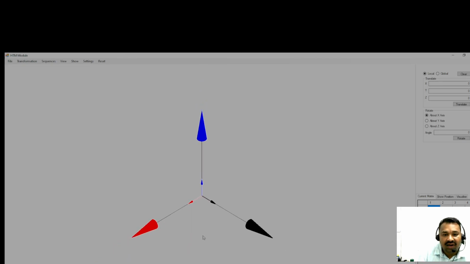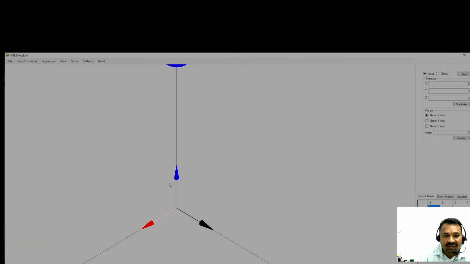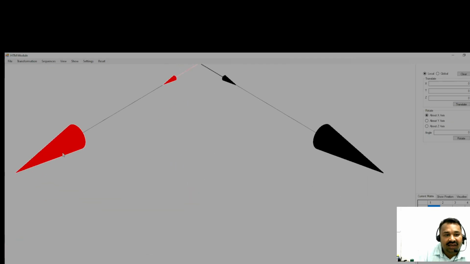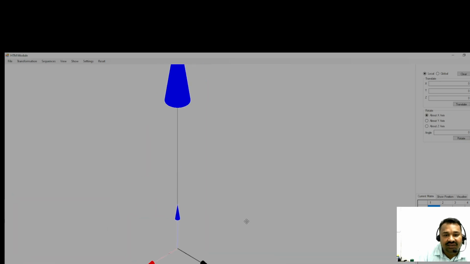So there are two coordinate systems. One can see here, the bigger one is the reference frame, and the smaller one you can see, and both are coinciding initially. So this smaller one is the x, y, z coordinates of the moving frame. And this is x, this is y, this is z for the fixed coordinate system.